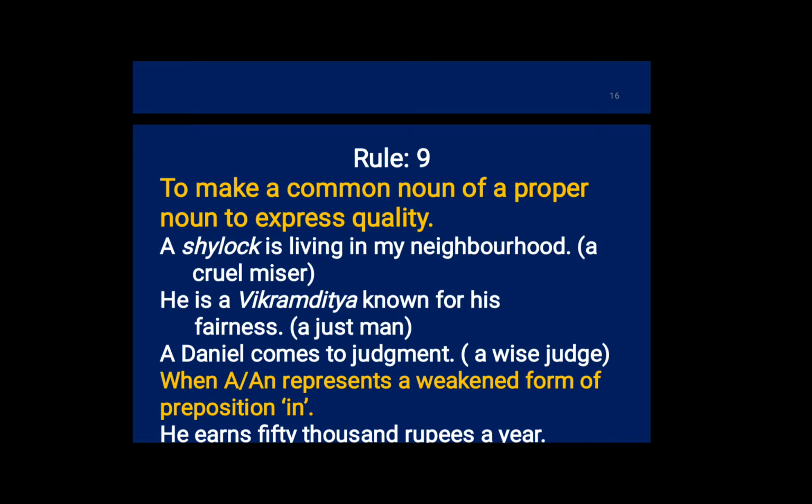So he is representing that. Here we are using it as a common noun, though it's a proper noun. Then, a Daniel comes to judgment. A Daniel comes to judgment. In the sense, a wise judge.